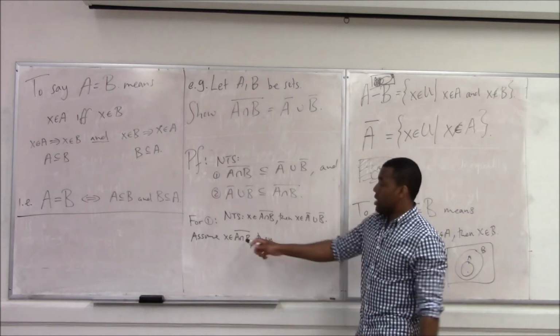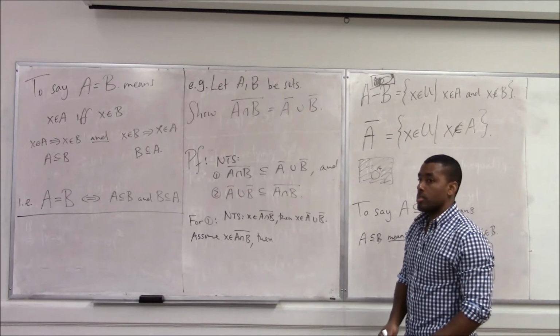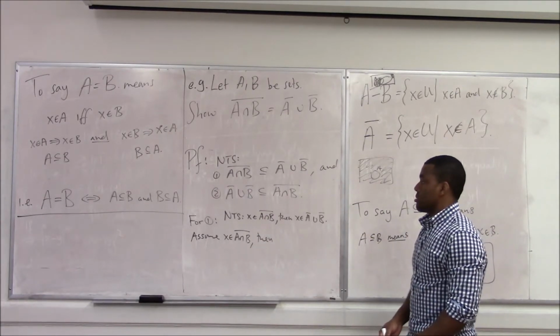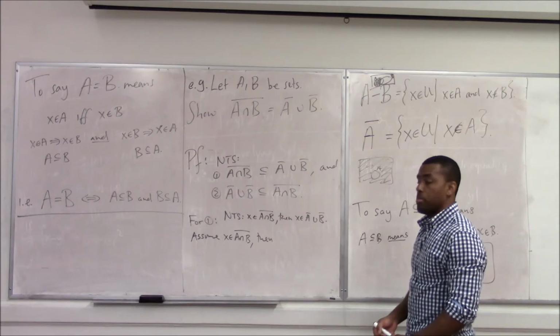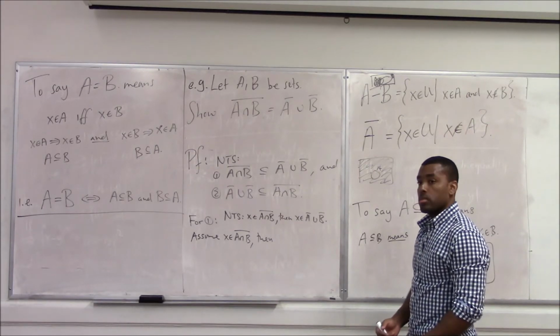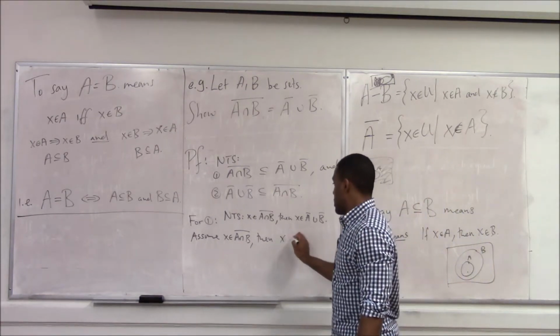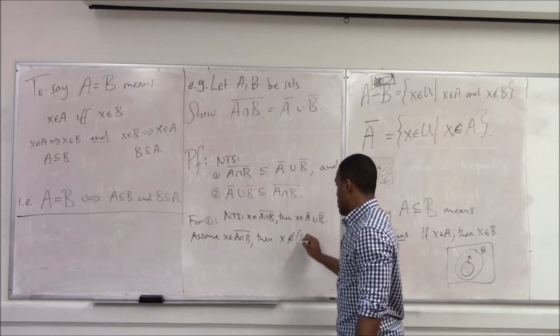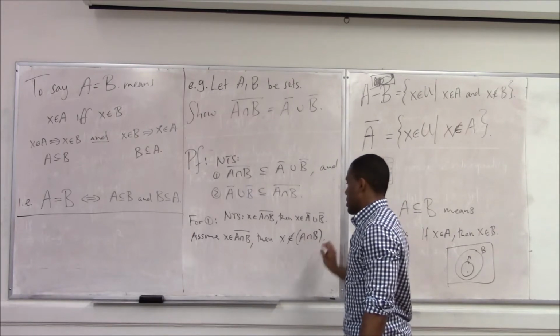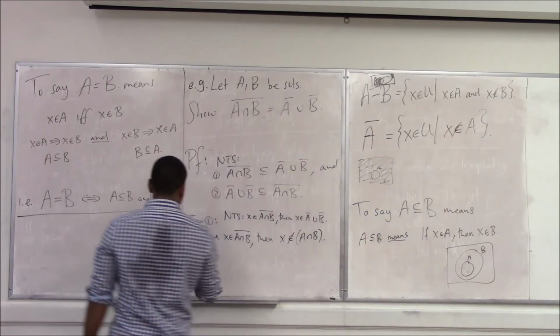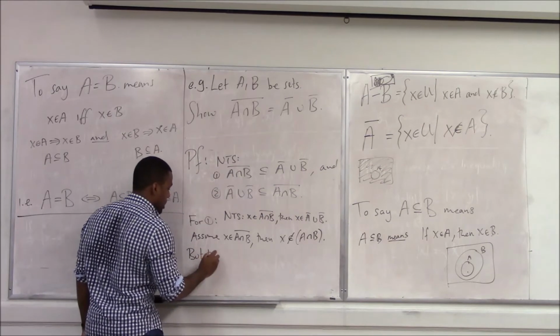What does it mean to be in a complement? So X is in U minus that set. Yeah, but what does it mean to be in the complement of it? It's not in it. Then X is not in the intersection of A and B. Okay. But that means what? How can you not be in the intersection?